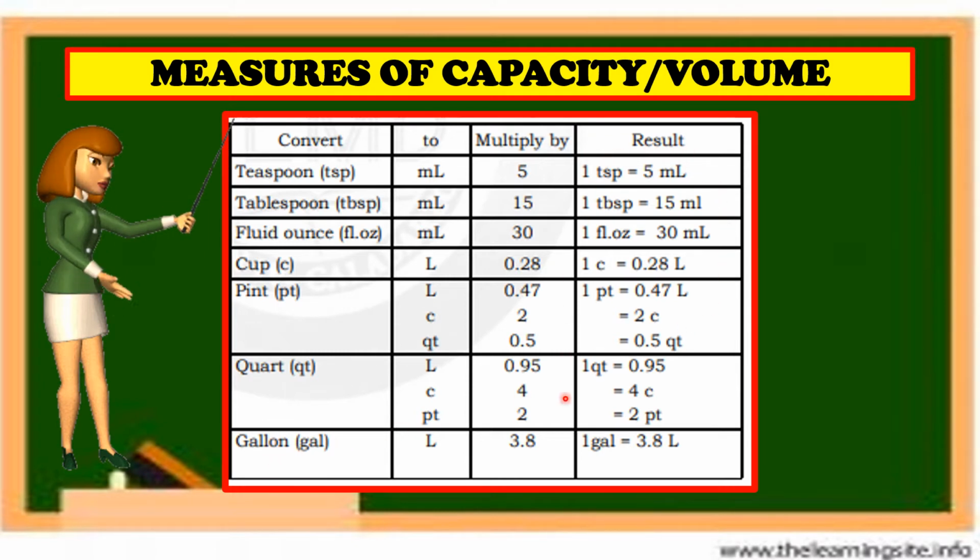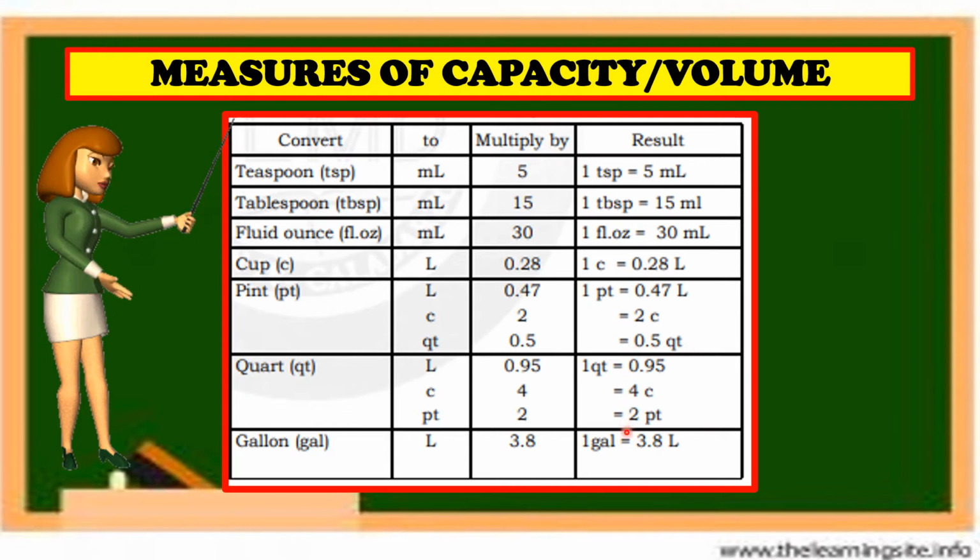So this is the conversion unit. 1 teaspoon equals 5 milliliters. 1 tablespoon equals 15 milliliters. 1 fluid ounce equals 30 milliliters. 1 cup equals 28 hundredths liters. 1 pint equals 47 hundredths liters, or it is equivalent to 2 cups, or 0 and 5 tenths quart.